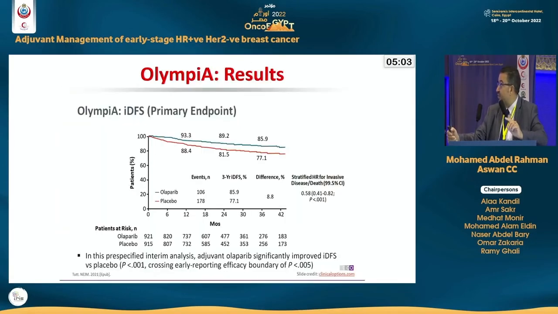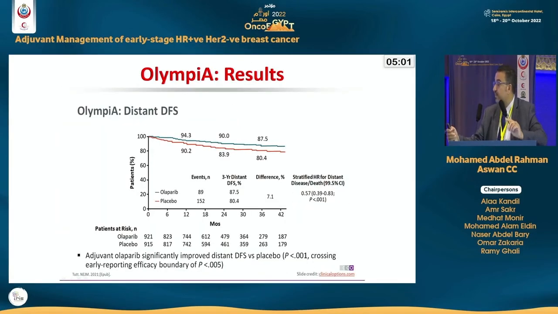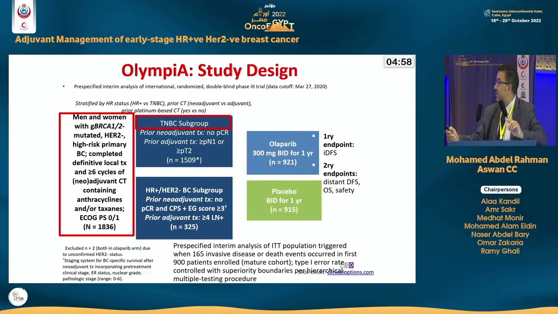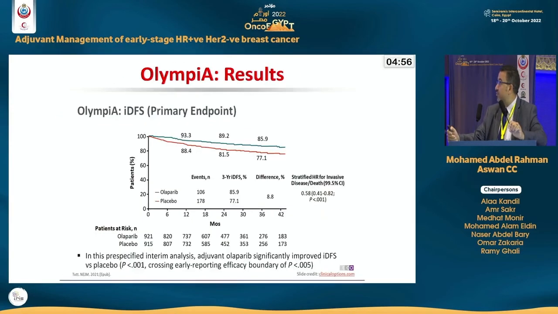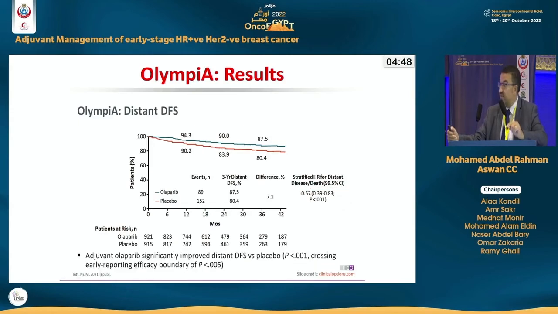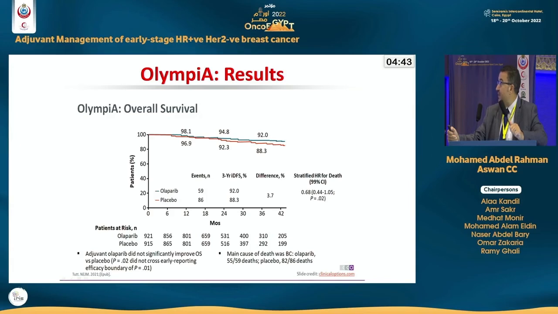Olaparib was given versus placebo for 1 year, and patients were followed up for the primary endpoint, which is invasive disease-free survival. There was an improvement by more than 40% in invasive disease-free survival and in distant metastasis-free survival, and by more than 30% in overall survival as a secondary endpoint.